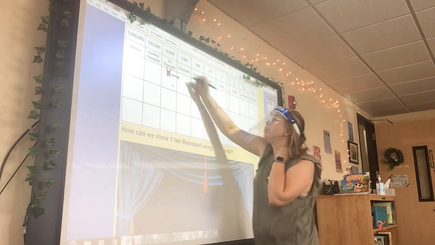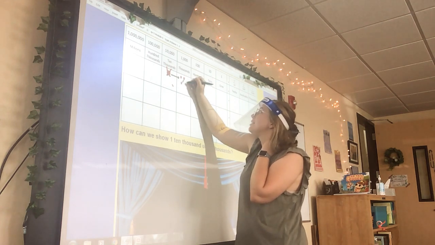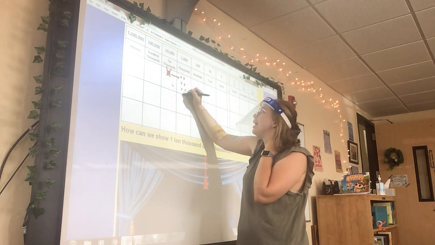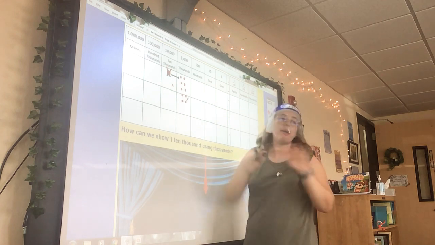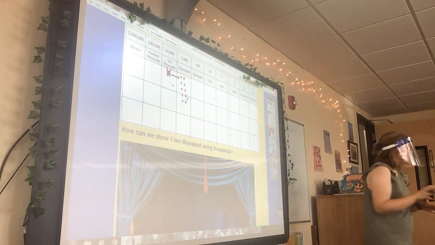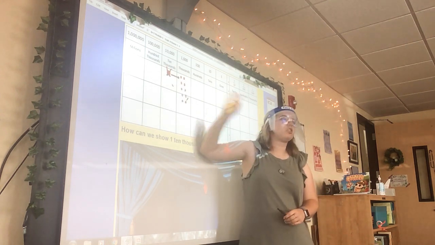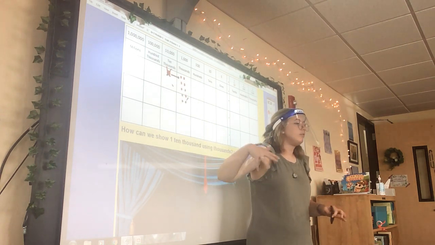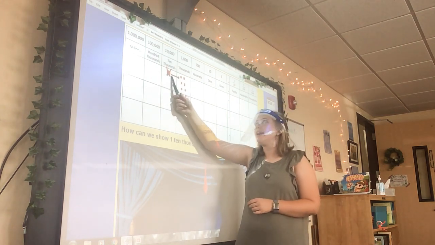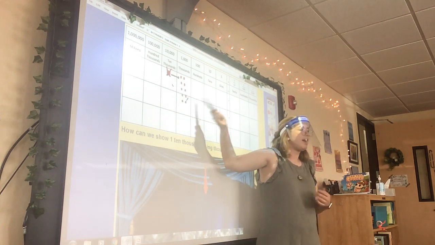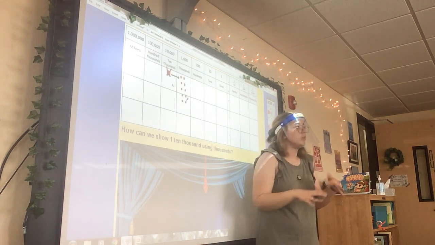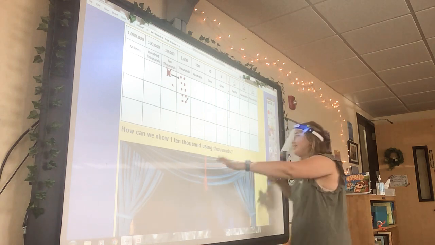So it is still true that when you move to the right, you are dividing by 10, okay? That part's true. That part, I didn't mess up, but I was getting ahead of myself. So here, what we're doing is we're just showing the numbers in a different way, right? So 1 10,000 is the same as 10 thousands. That part's still true. We're going to move on from that, okay?